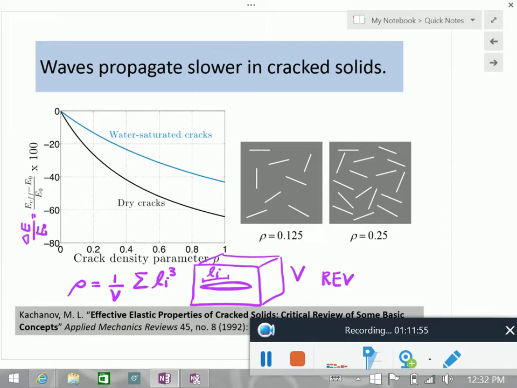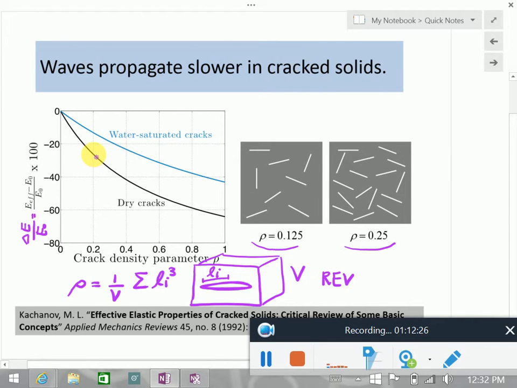Now, that's in 3D. In 2D, I didn't give you the numbers here. I actually wanted you to guess. It's important to visualize what this crack density parameter means. When it is 0.125, that means this much cracking. When it is 0.25, it's quite a bit of cracking, right? So look at the graph.